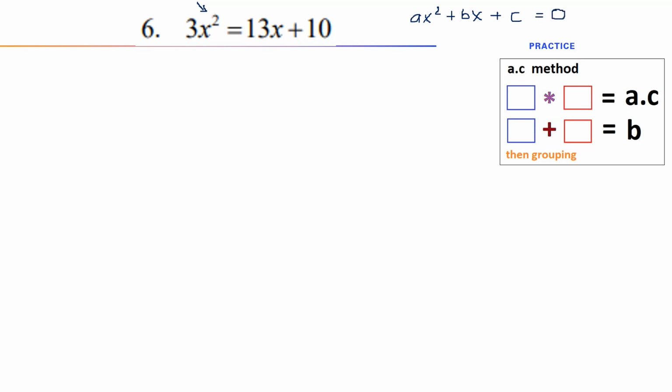The 0 always on the right-hand side, everything else on the left-hand side. So now we'll subtract 13x on both sides. Subtract 10 on both sides.